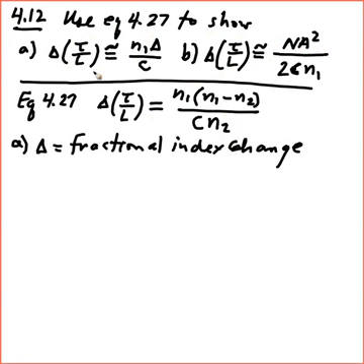Don't confuse this delta with the delta out in front of the tau by L. The delta out here just means it is a fractional increase in the pulse spreading per unit length.